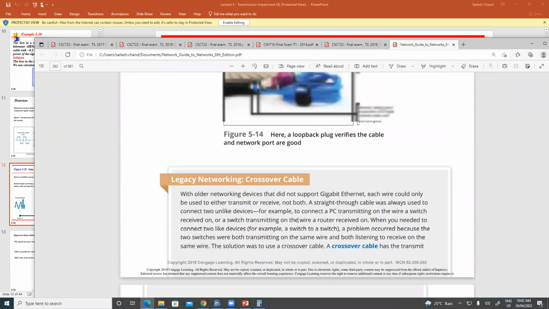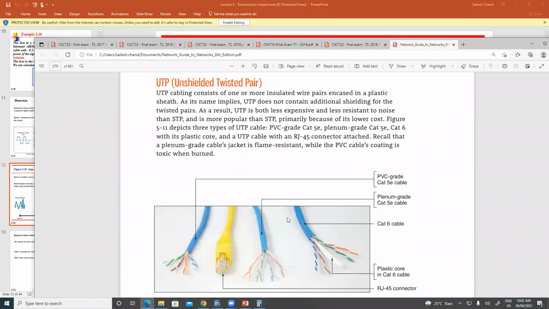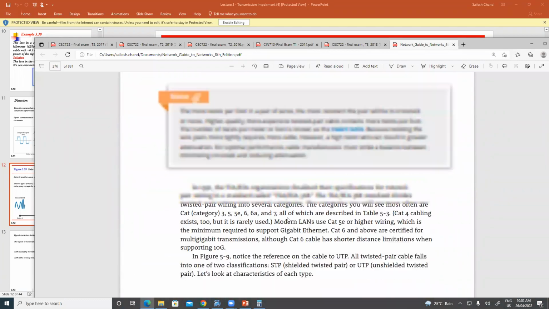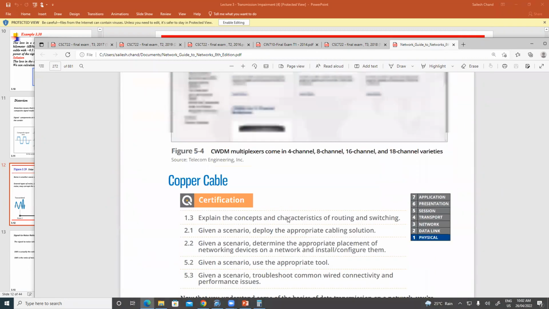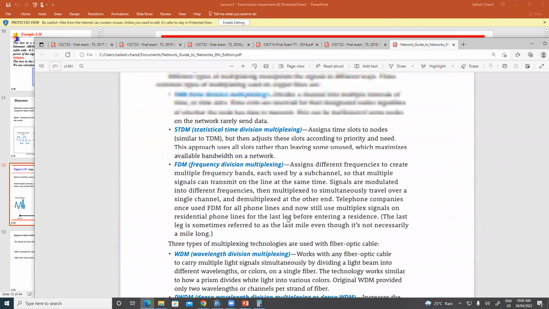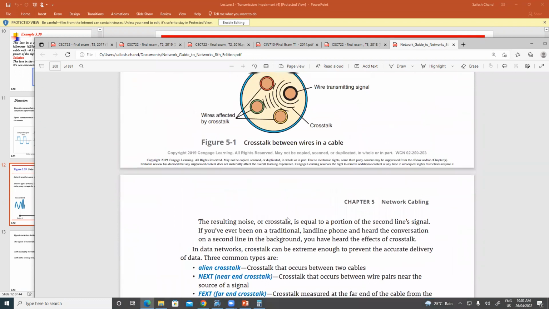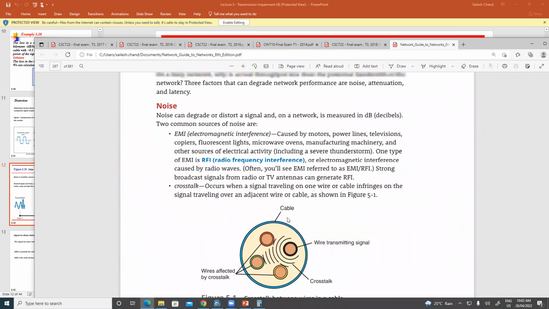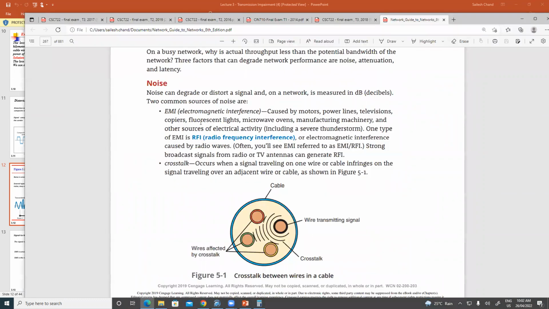So we have been using this material for CSC626. Those who have done it probably would remember. We talked about a couple of things yesterday in the CSC626 class, talking about noise. Noise can degrade or distort a signal on a network and is measured in dB.